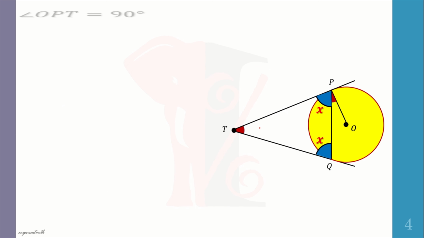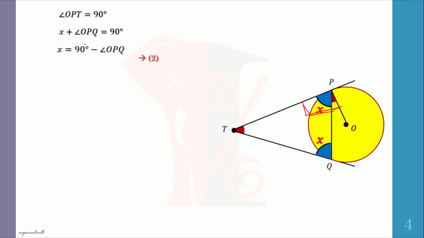Once you say this angle is 90, it has two angles in it. Can you see? One is angle OPQ, another is x, correct? So x plus angle OPQ will give me 90, because OPT contains two angles, a blue angle and a red angle. When I add the blue and red angles together, that means x and angle OPQ together, I get 90.